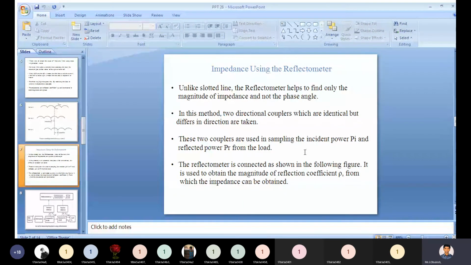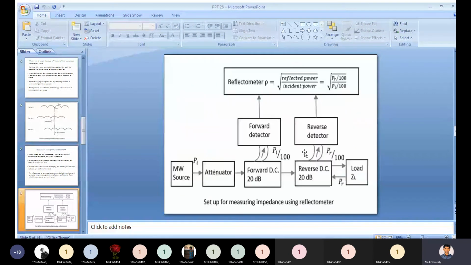See the diagram, the reflectometer is connected to these two detectors, right? And it is used to obtain the magnitude of reflection coefficient rho, from which impedance can be obtained.